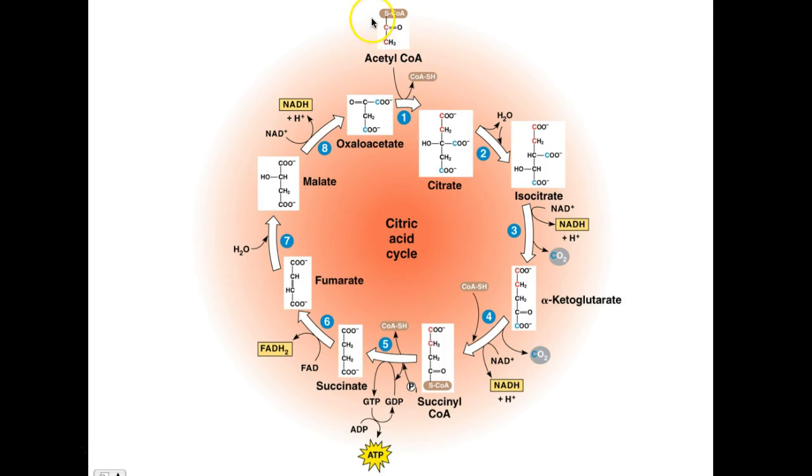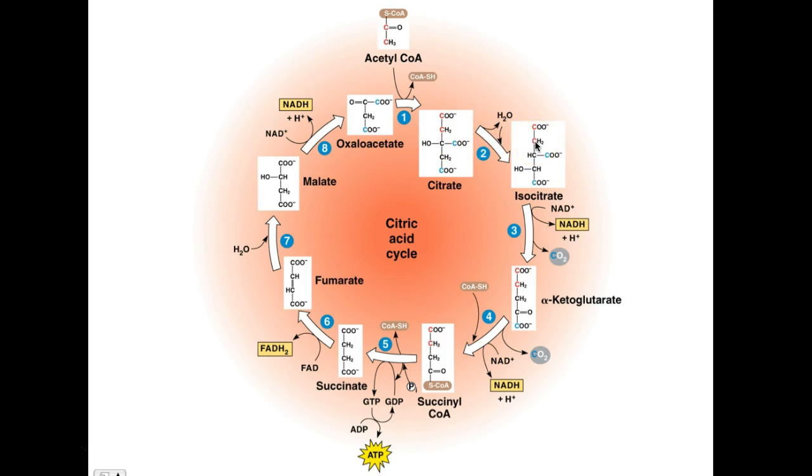So here, after the transition step, is the acetyl CoA coming in. Acetyl CoA binds to oxaloacetate to form citrate, which is the first stable product of the Krebs cycle, which is also why we call it the citric acid cycle. The next step, we form some intermediate molecules.